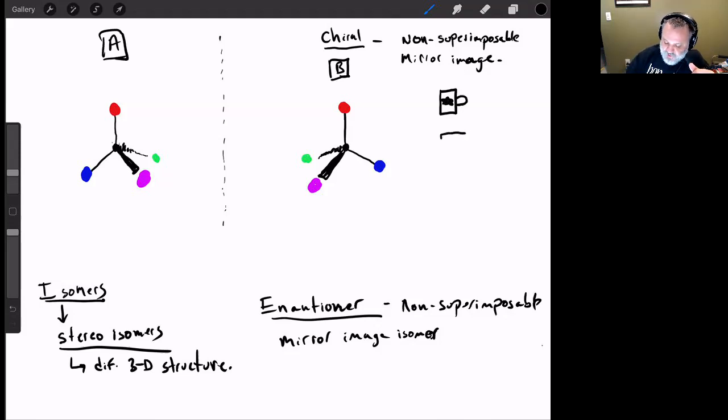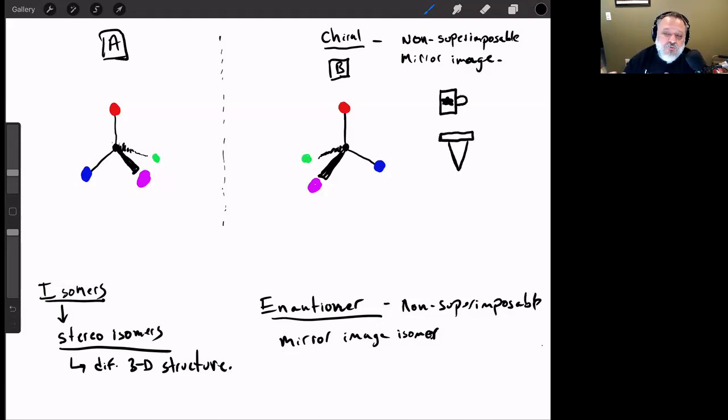Another good example I like to use is my prototypical nail. Is a nail chiral? And this is a terrible idea of a nail. This looks more like a tack, but let's call it a nail. Is the nail chiral? Well, you should come up with the conclusion that no, it's not chiral. It has a mirror image, but the mirror image is also superimposable.